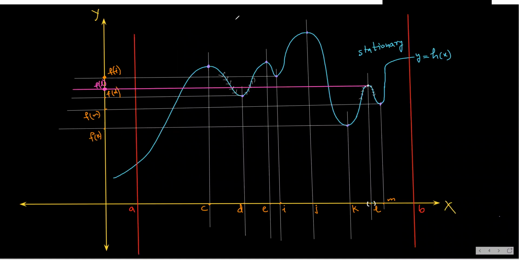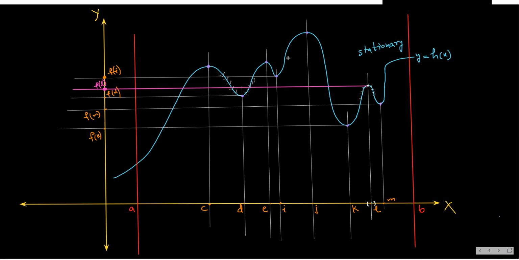So students, now look at this curve y equals h of x. One thing I want to add here is about drawing tangents to this curve. We have already done tangents and normals to the curve.